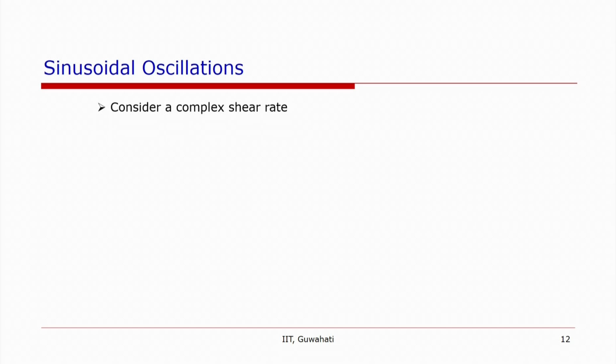One can easily deal with complex numbers. So, let us consider a complex shear rate, which is given as gamma dot equal to gamma dot naught e to the power i omega t, where i represents the complex number and omega is the oscillation frequency.